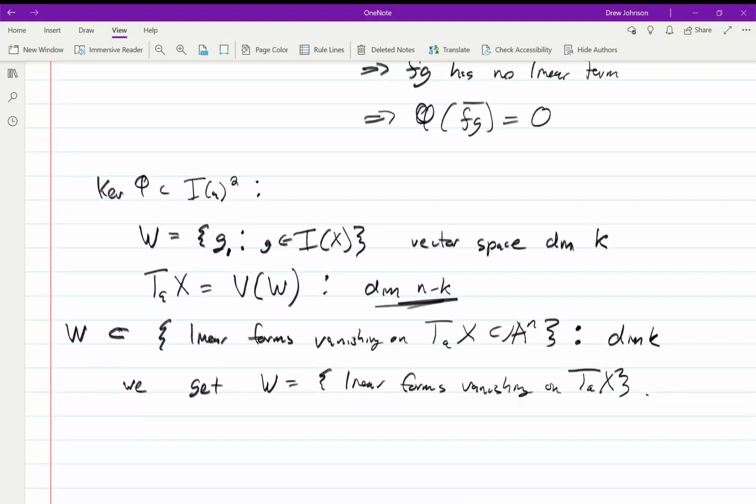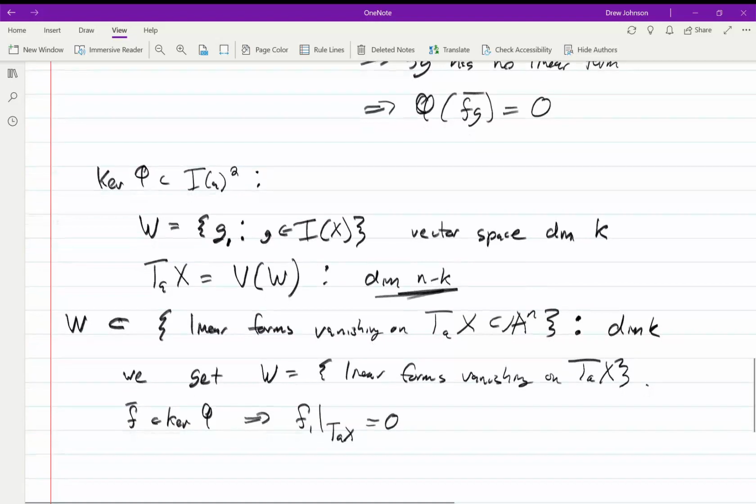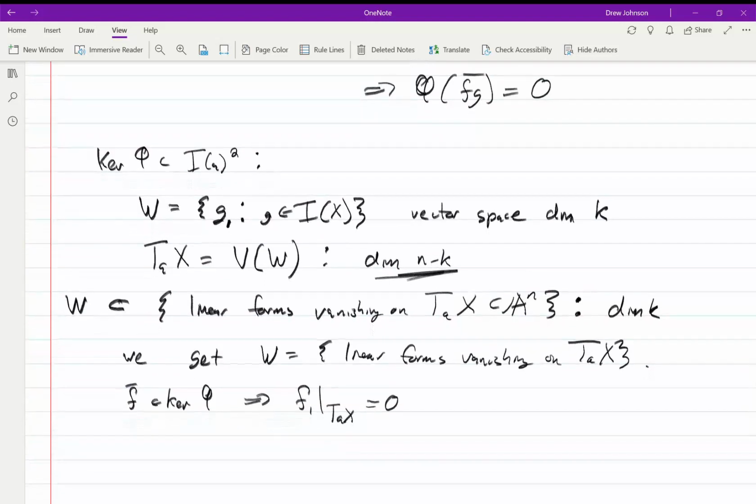All right, so let's now assume that we have some f bar in the kernel of phi. In other words, what that means is that if you take f1 and restrict it to the tangent space, you get 0. So f1 is a linear form vanishing on T_A X. So it's in W, right? And so that means there must exist some g in I(X) so that f1 equals g1. That's by the definition of W and this equality here.